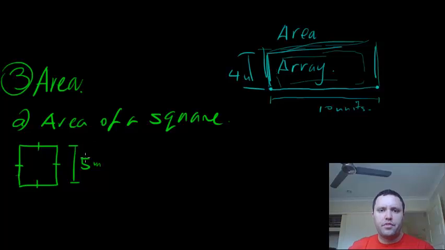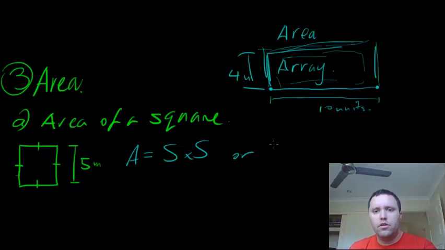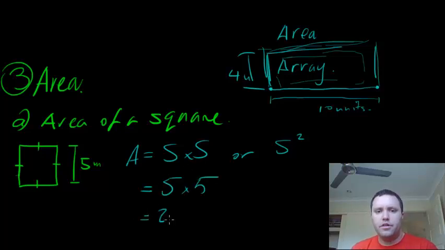So, area of a square. This is the easiest. I'm just going to roll through these quite quickly because it should all be revision for you guys. Area equals side times side, or you could have it as side squared. All these lines are 5, so we have 5 times 5 equals 25.